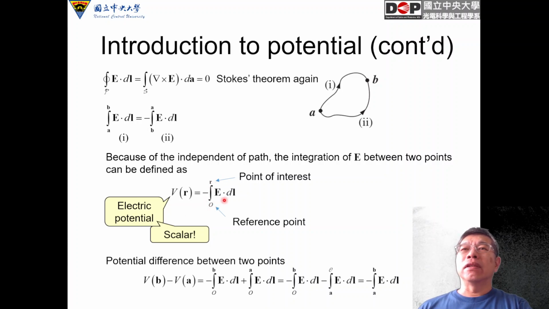Because this path integral is a scalar, the potential is a scalar. The potential difference between two points is simply the integration from the reference point to point B and from the reference point to point A, and then taking the difference, which equals the integration from point A to point B. That's the basic idea.